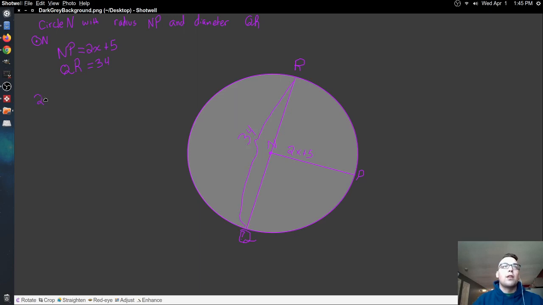So 2 times 2x plus 5 should give me 34. That means 4x plus 10 has to equal 34. I'll subtract my 10 off. 4x is equal to 24, and dividing by 4, x gives me 6. And I'm all set there. So that's simple. Radius, diameter, the relationship, simple there.